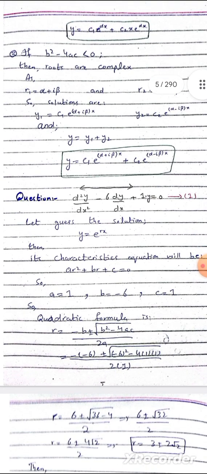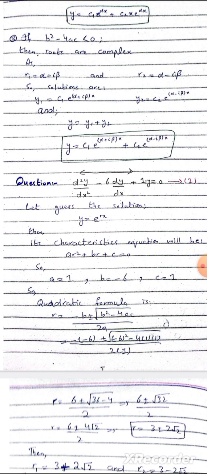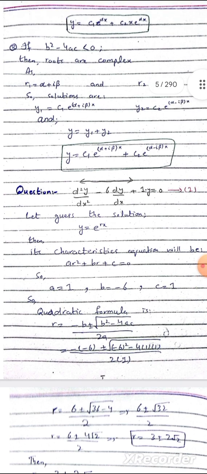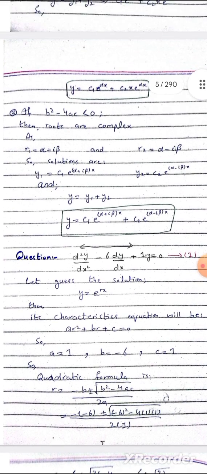So the general equation is y is equal to y1 plus y2, which is c1 e^((alpha plus i beta) x) plus c2 e^((alpha minus i beta) x). This is the general equation.